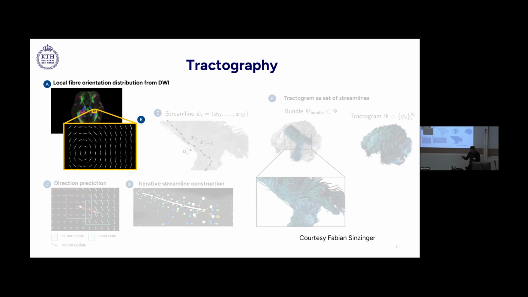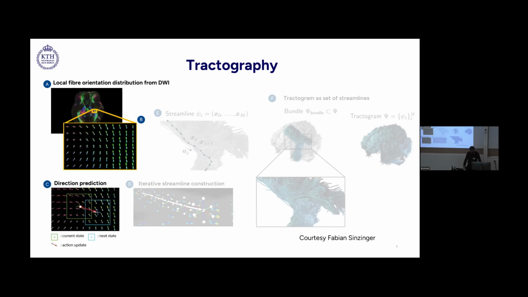And in white matter, you know that this is anisotropic. So with this information, you can create orientation distribution functions that tell you the most probable directions for the water molecules, which will then be aligned to the axons in the white matter.